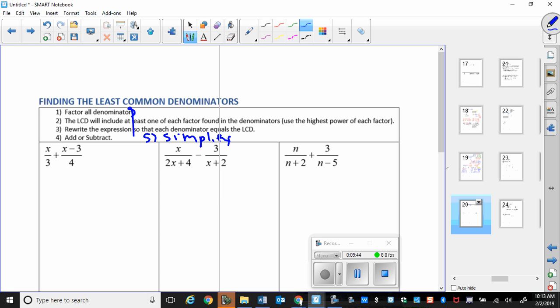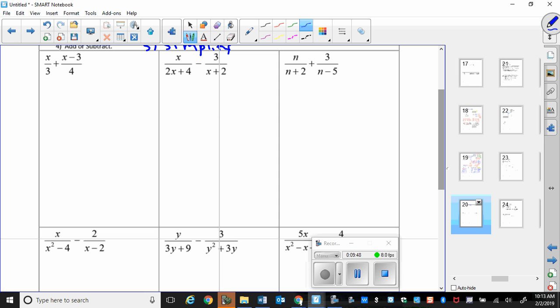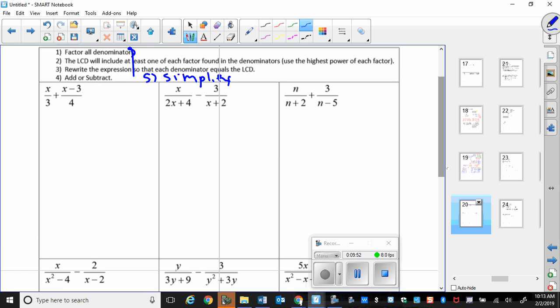Okay, so we've already done this. So because we've already done this, it's not going to be as hard. One of the things you're also going to have to be able to do is to distribute. You're also going to have to be able to factor polynomials. So we want a common denominator for number 1.